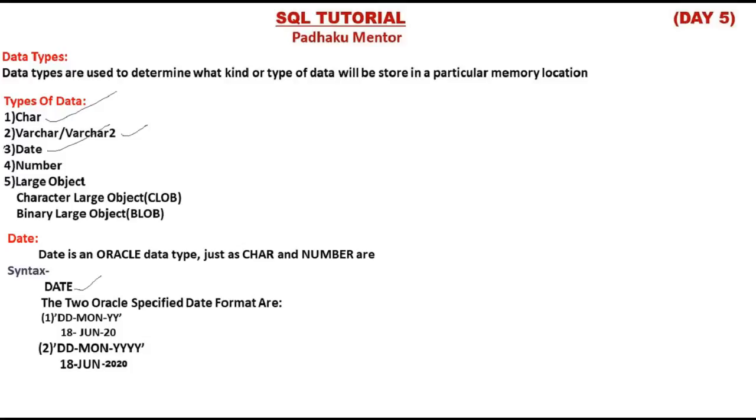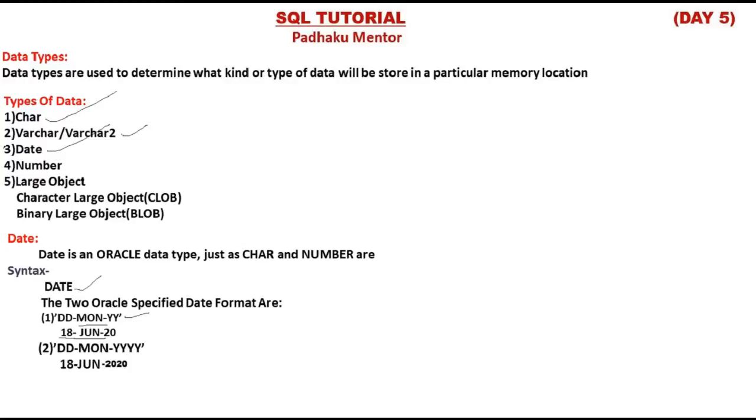What is the first format? It is DDMONYY. You mention two digits for the day, because the day always comes in two digits. Then for the month, you mention only the first three letters. January has more letters, but if you want to store 1 January 2020, you write only three letters of the month, Jan.